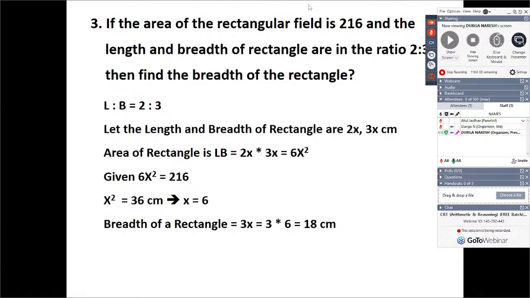Okay, once you find the x value is 6, the width of the rectangle is 3x, 3 into 6, 18 centimeters. Clear?